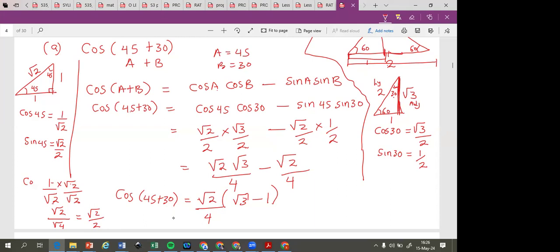Now, members, what do you need to remember? This is very important. Next time, just because we are building the concept, they are going to tell you, show that cos of 75 is equal to root of 2 out of 4 into root of 3 minus 1. So they will bring it in this format. They say, show that cos of 75 is equal to that, and they put 5 marks.